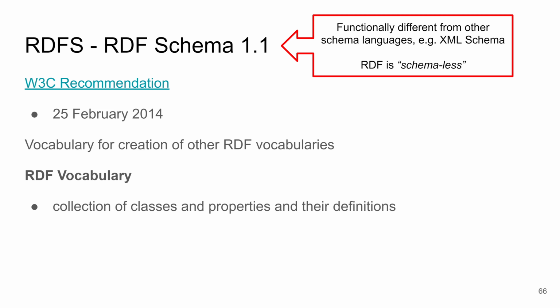But here, the classes and properties are used together with the data to explain the data and to add some meaning to the data, not to restrict the data, as it is in the case of XML Schema and maybe other schema languages. So there is a huge functional difference from other schema languages. RDF Schema doesn't restrict, it adds meaning, and XML Schema actually does restrict what you can do with your XML document, but we will get to that when we talk about XML later.